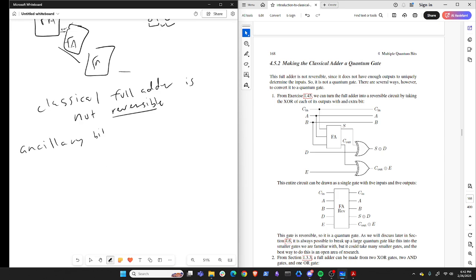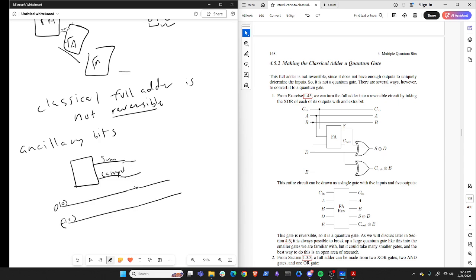And after we get our full adder, we take the sum and the carryout, and we XOR those with these ancillary bits, right? So these are just initialized to 0, and we come through and XOR these so that we can have this. The carryout comes down here to E and gets XOR'd.